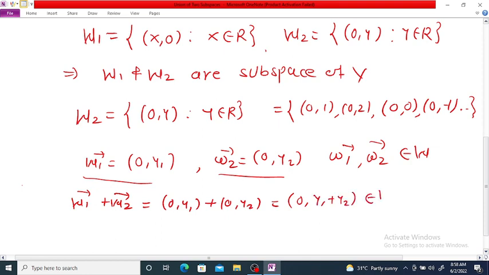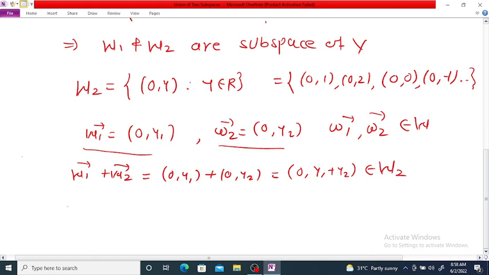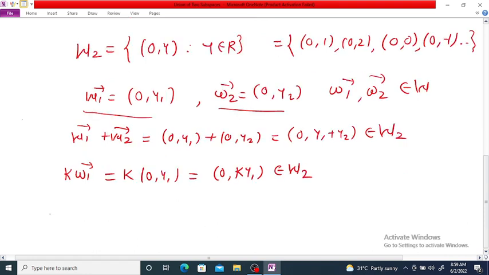So this belongs to set W2, and therefore it is closed under vector addition. Similarly, for any scalar k, k times (0,y1) equals (0,ky1), which again lies in set W2. W2 is also non-empty, because there exists at least one element, namely (0,0), in W2.